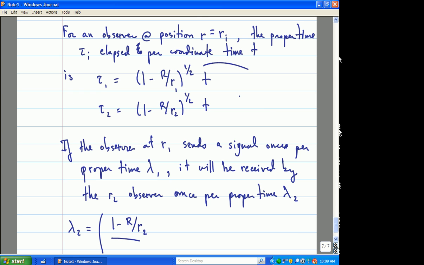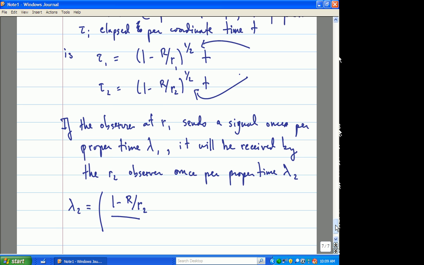So it's 1 minus big R over R2 divided by 1 minus big R over R1, all to the 1/2 factor. And this will be larger than lambda 1 if R2 is bigger than R1.